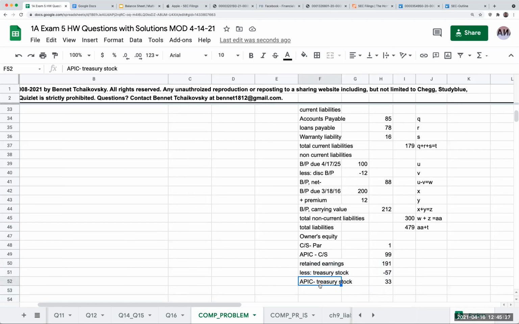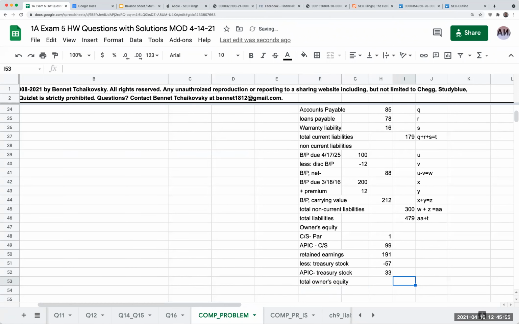Why would we have an additional paid-in capital, treasury stock? Because if I sell my treasury stock at a gain, I can't record a gain. I have to show it as additional paid-in capital, treasury stock. So this is going to be my total owner's equity. My total owner's equity right over here is going to be a total of 267.